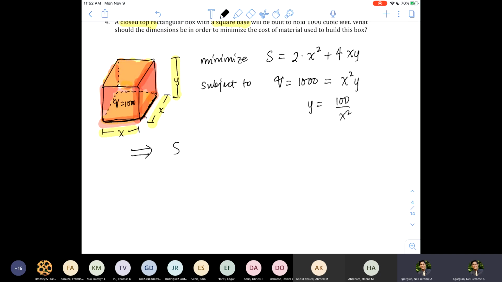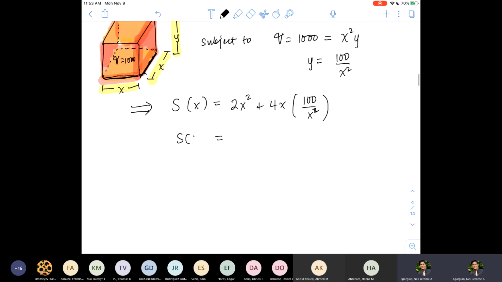And so the objective function S can be written in terms of the variable x as 2x squared plus 4x times 100 over x squared. Simplify, we have 2x squared plus 400 over x, or we can rewrite it as 2x squared plus 400 x to the negative 1.